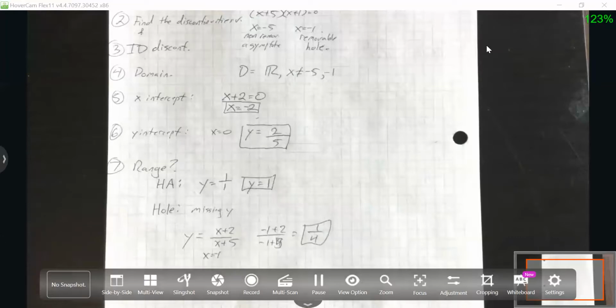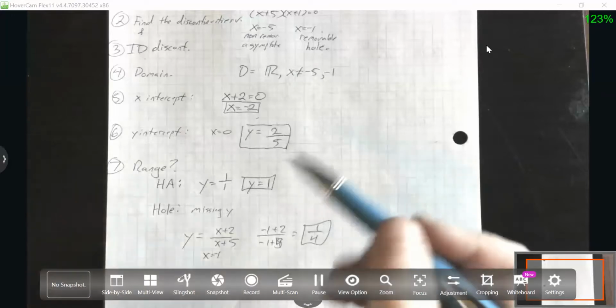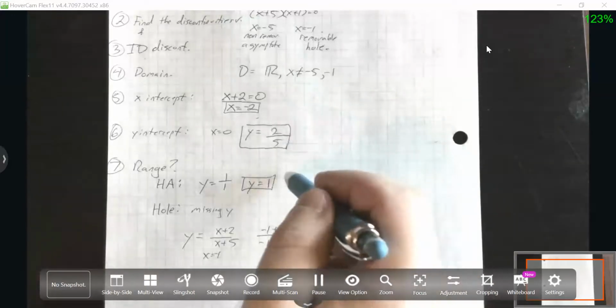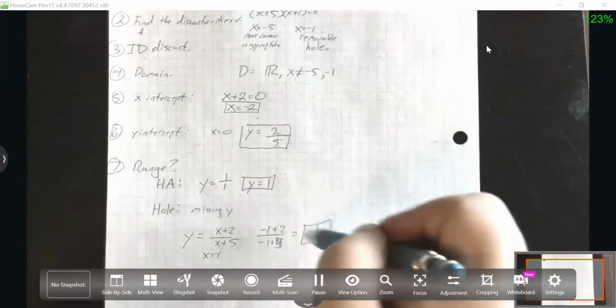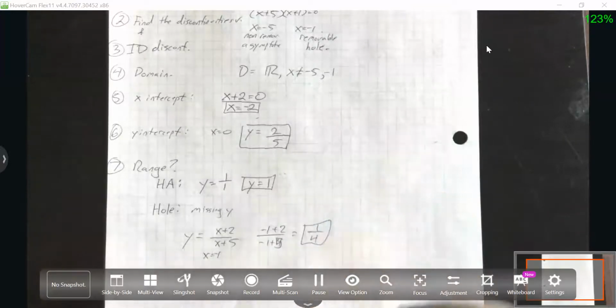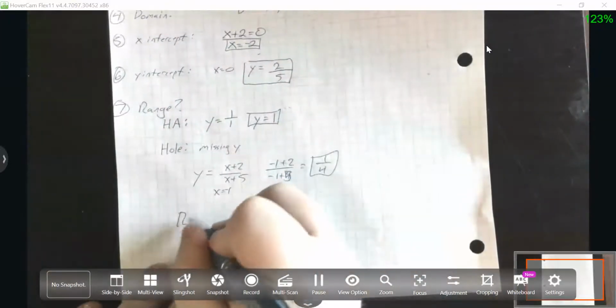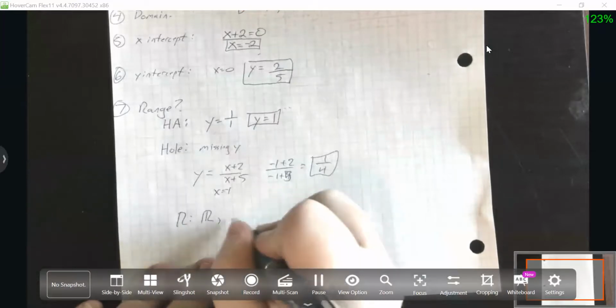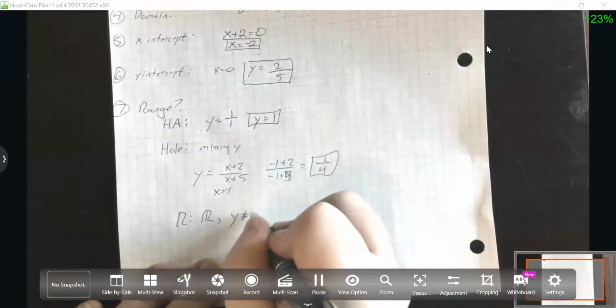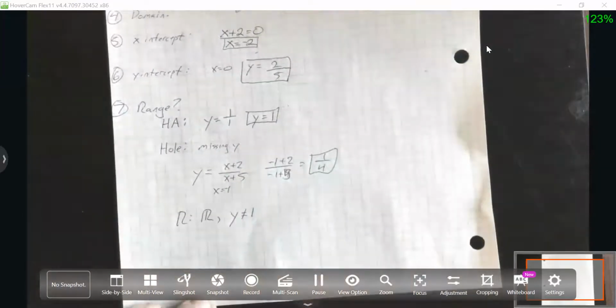So when I go to talk about the range, our range is going to be all real numbers. It can be anything it wants. But we have a horizontal asymptote of y equals 1, and there's a hole at this specific point. So you can be a little bit lazy, so we can say our range is typically going to be all real numbers, except y cannot be equal to 1 from our horizontal asymptote.